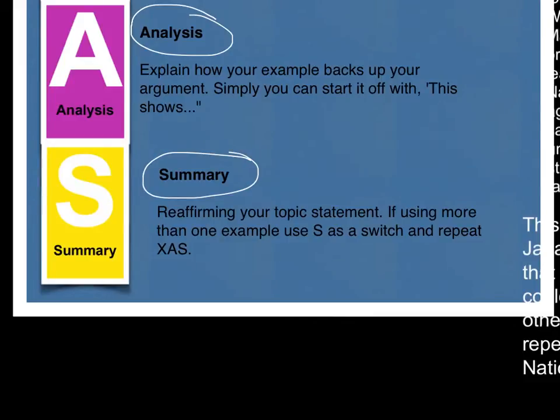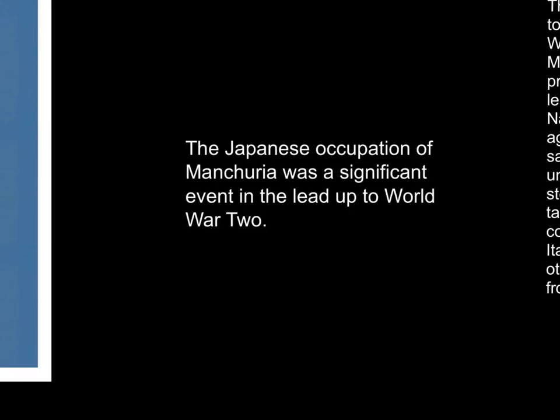So let's get this out of the way, and I'm going to show you a really simple summary for this paragraph. So my summary is a very simple sentence, and it just says the Japanese occupation of Manchuria was a significant event in the lead up to World War II.